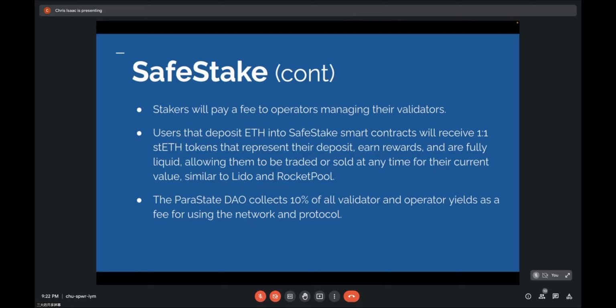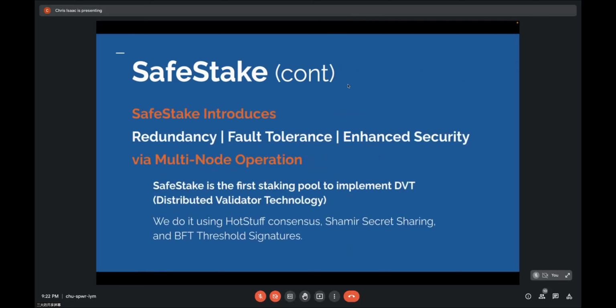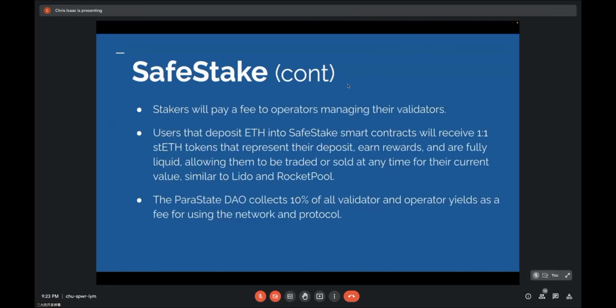Again, these are fully liquid and you can trade or sell them at any time for their current value. Parastate DAO will collect 10% of all of the validator and operator yields as a fee for using the network and the protocol. So again, pretty standard stuff there.